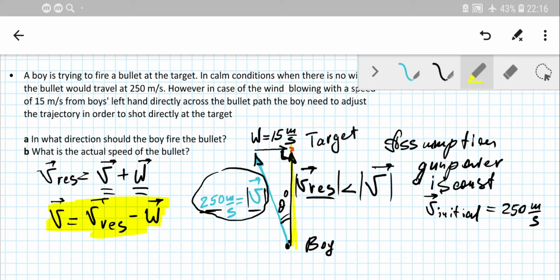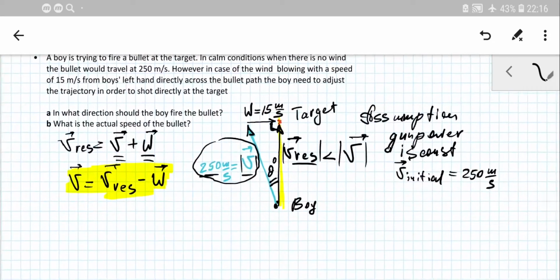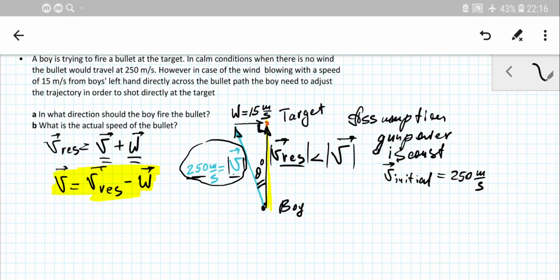So we need to find the actual direction, so we will use angle theta as the determinant of how we can calculate the direction. Okay, so let's do that. We are given the hypotenuse, we are given the opposite side, so we use the sine ratio for the right angle triangle.